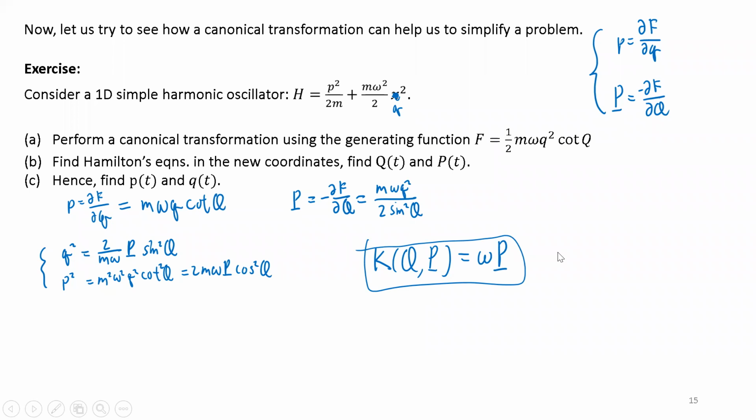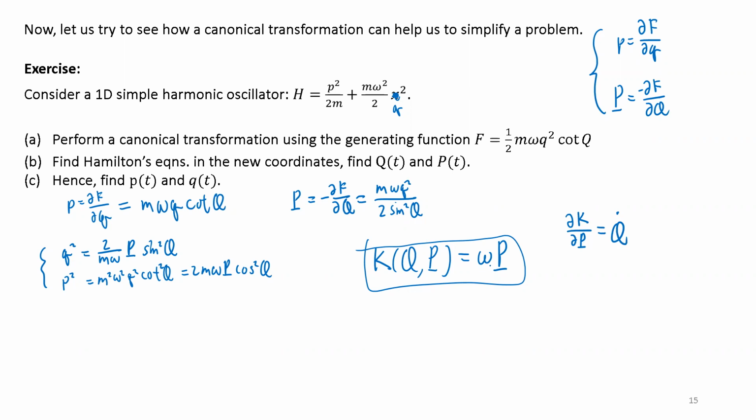The nice thing is that the same form of the Hamilton's equations will still work. Partial K partial capital P is capital Q dot. And what is partial K partial capital P?